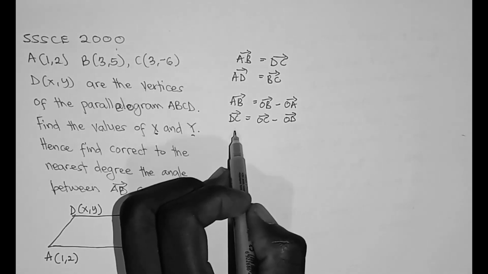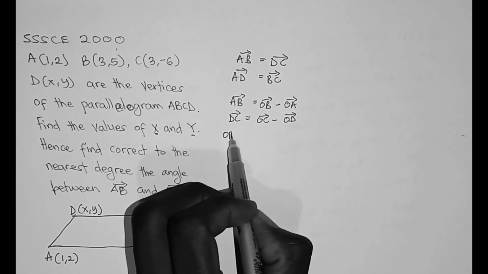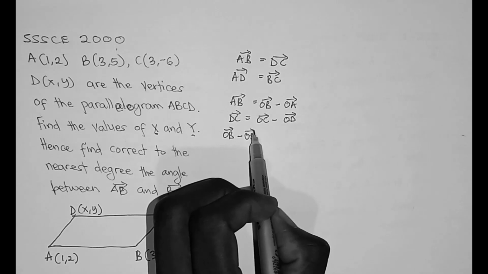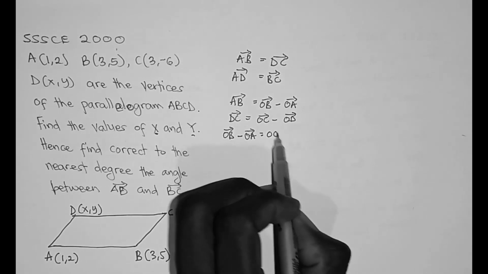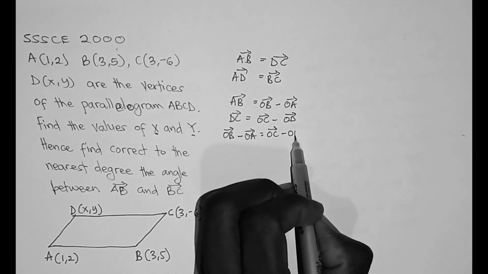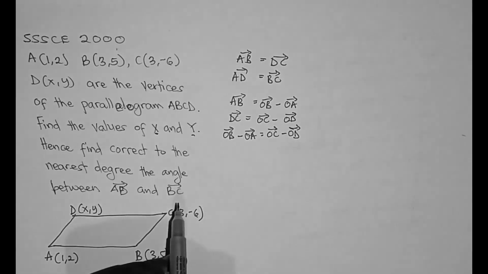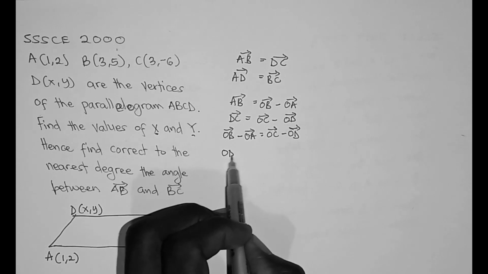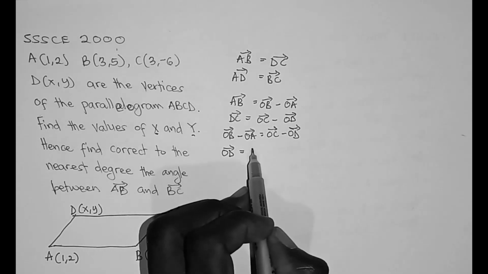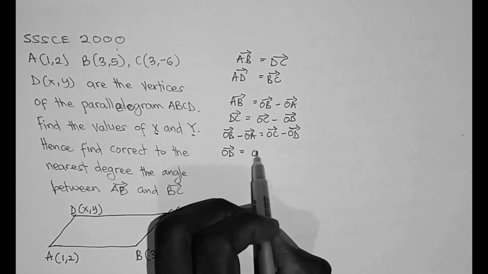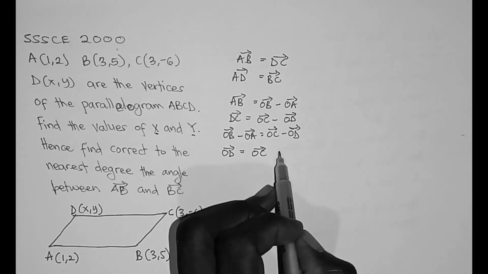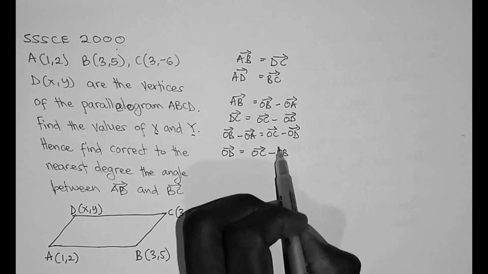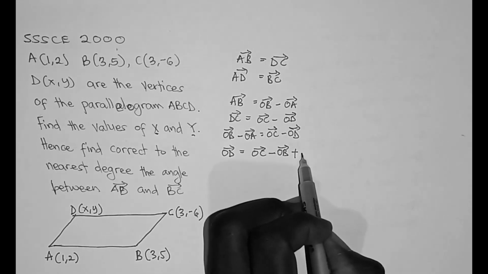So this implies that OB minus OA is equal to OC minus OD. So let's make OD the subject. So OD is equal to position vector OC, minus position vector OB, then plus position vector OA.